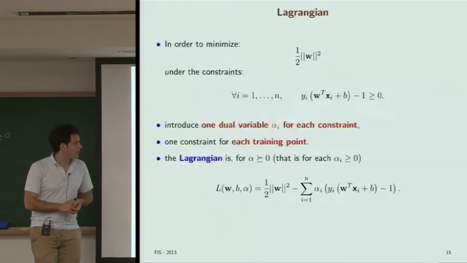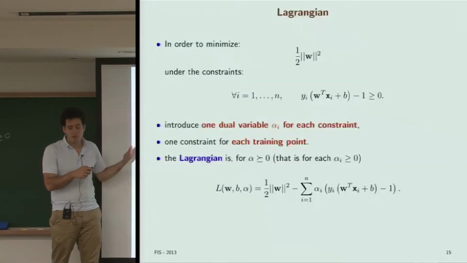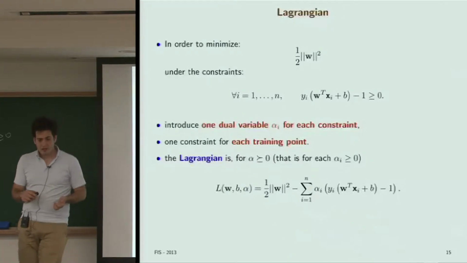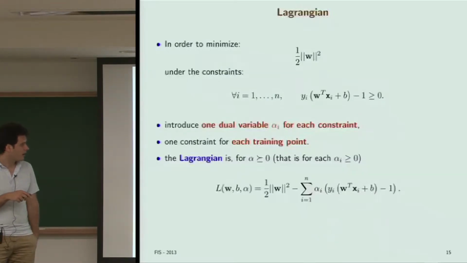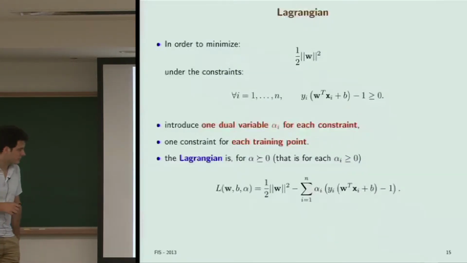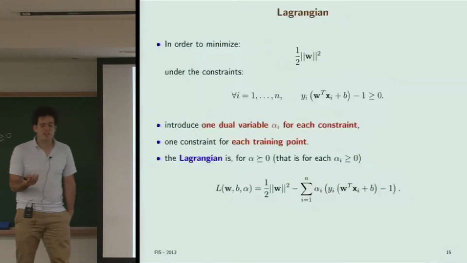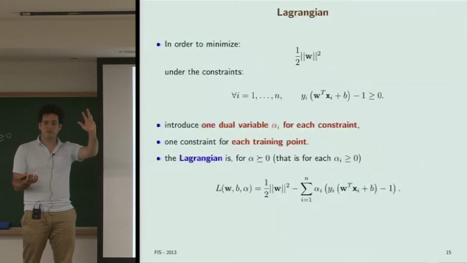So let's recapitulate. We have to minimize here. I just put 1/2 here because it's usually a bit easier afterwards, but minimizing the norm of W or the square or the 1/2 is the same. So we're minimizing half of the norm of W under those constraints. If you think about optimization theory, you have an objective.